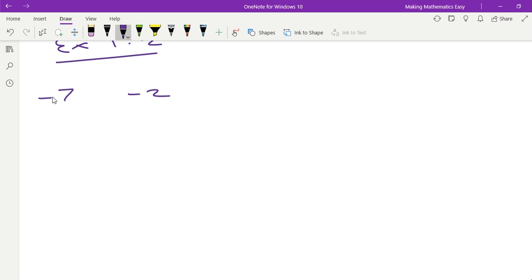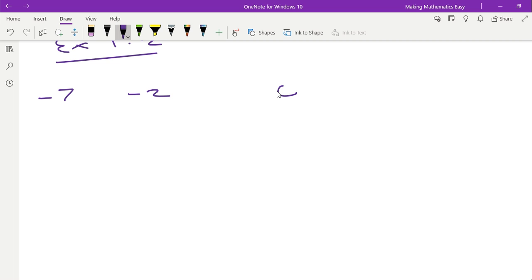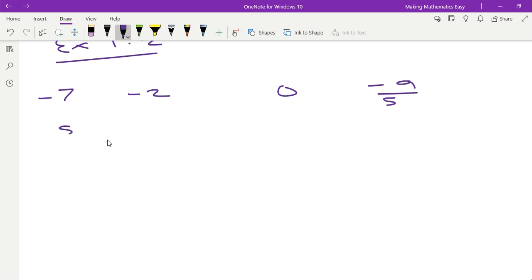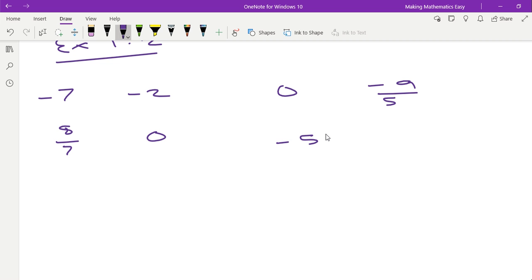We just have to write the sign, which is bigger, which is smaller. Next is 0 and -9 upon 5. Next is 8 upon 7 and 0. Next is -5 upon 4 and 1 upon 4.